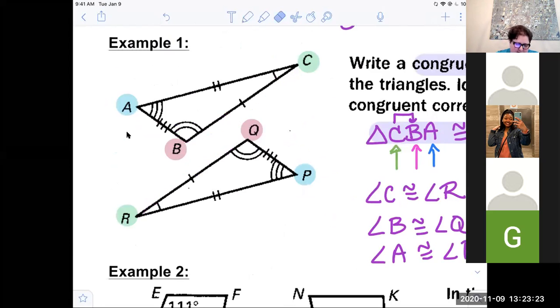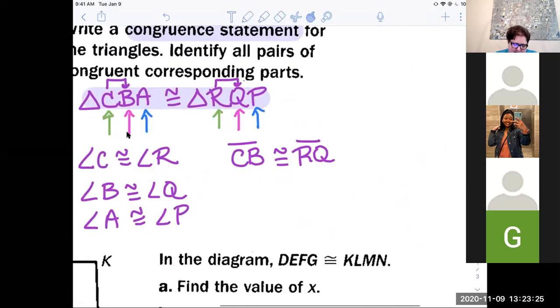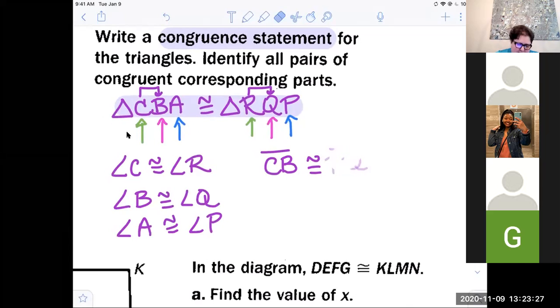The order matters. When it asks you to identify the corresponding parts, if you put QR here, even though it's the same segment, that's going to be considered wrong. Everything with congruence of polygons requires you to pay attention to how the vertices match up.